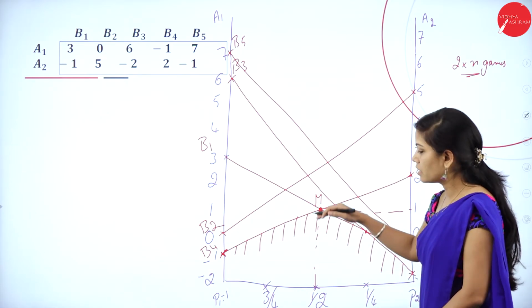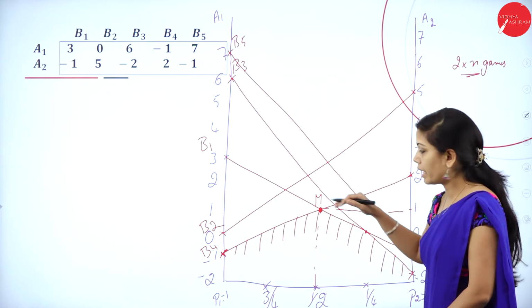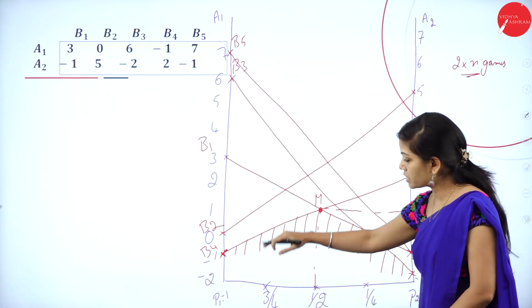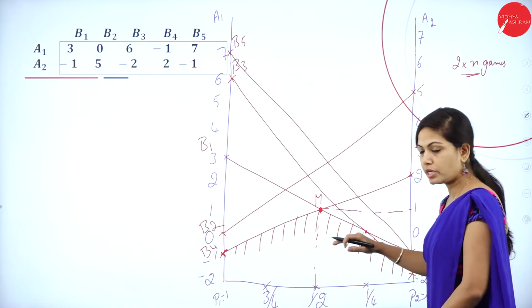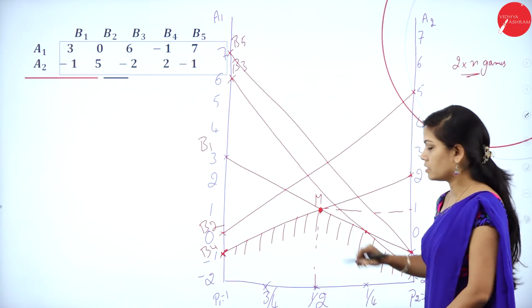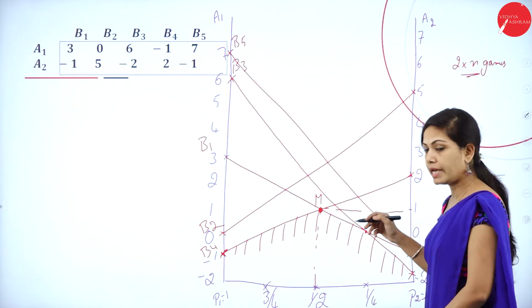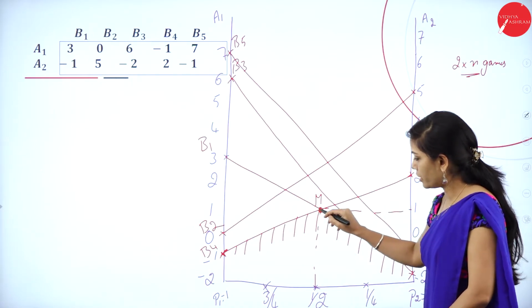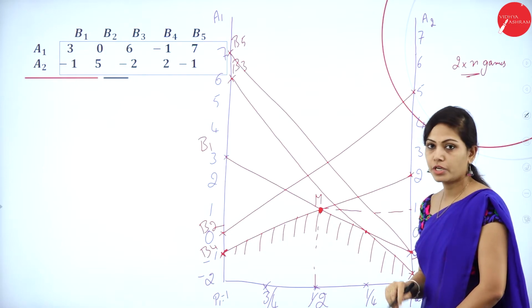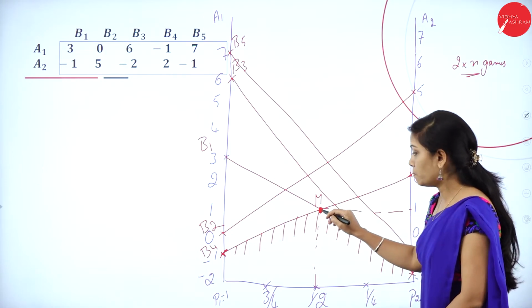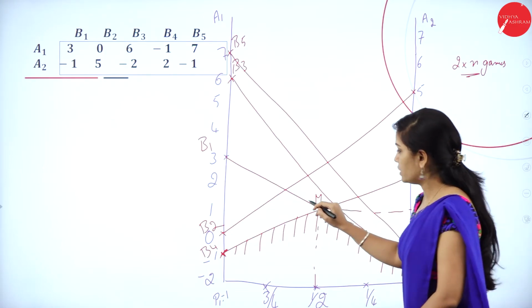You just select the lower bound and maximum point. So the lower bound is this area and the maximum point is this one. So we got two intersected points, but you have to select the maximum point. So this is the maximum point. Now this maximum point comes under which line?